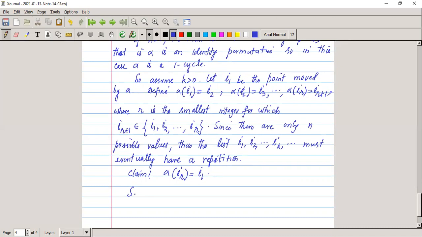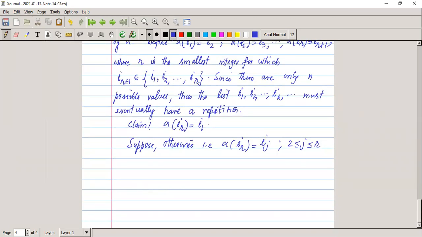Suppose otherwise. Suppose alpha of IR is equal to some Ij, where j is an integer greater than or equal to 2, and in fact it must be less than or equal to R, because at the Rth stage we have a repetition.